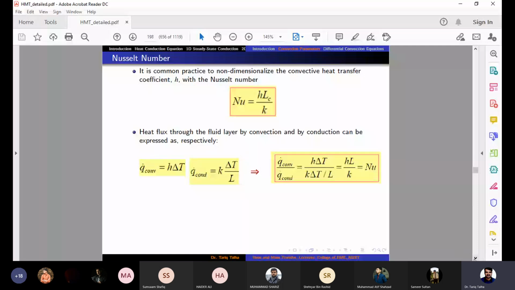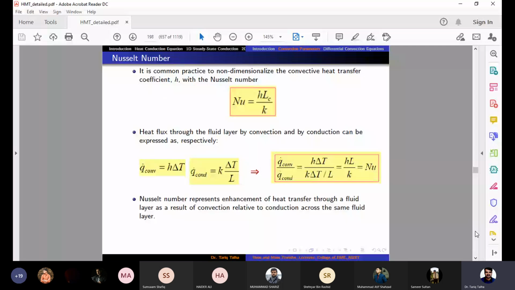I hope this point is clear. So only in case of stratification, the Nusselt number would be equal to 1. Otherwise, in all other heat transfer phenomena, the Nusselt number is always greater than 1. So that is the first thing you need to know.